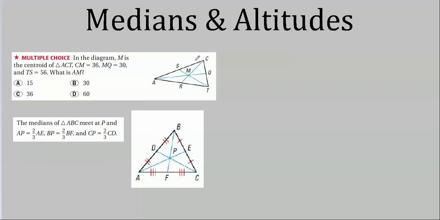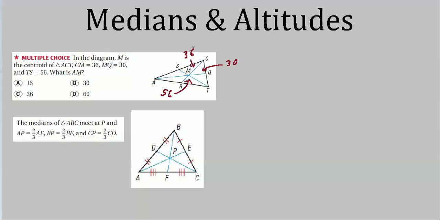TS is 56. Okay. So let's figure out what we have here. CM, what we're trying to find is AM, which is this one here. If we knew what AQ was, we'd be done. Well, we don't have that.